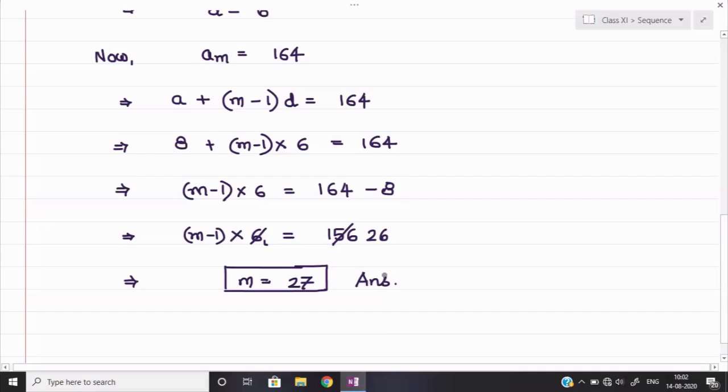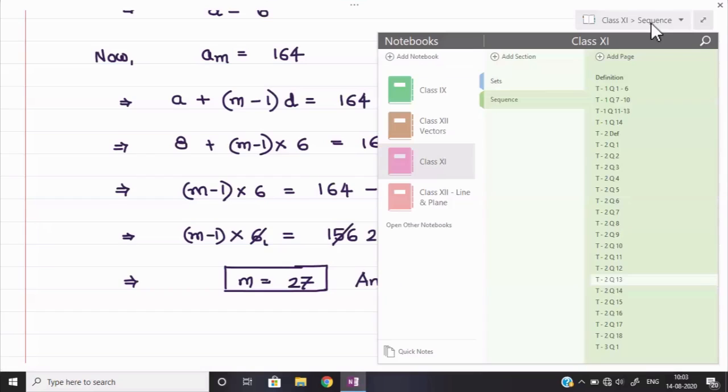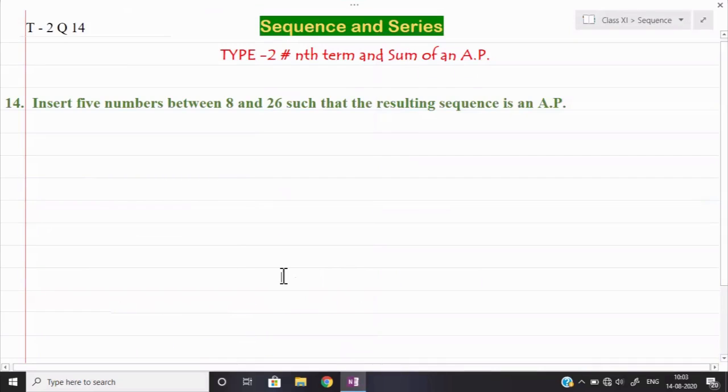Okay, now let us see the next question, question number 14. See, in the 14th question, what we have been given is: insert 5 numbers between 8 and 26 such that the resulting sequence is an AP. Means we have been given two numbers. The sequence starts with 8 and ends with 26.